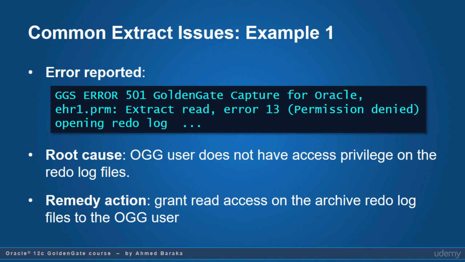In the practices of this course, we have used the same operating system user used by the Oracle database, but that's not necessarily the case. An Oracle GoldenGate instance can be owned by a separate operating system user, providing it has the required privileges. The issue is resolved by simply granting access privilege on the redo log files to the Oracle GoldenGate operating system user.